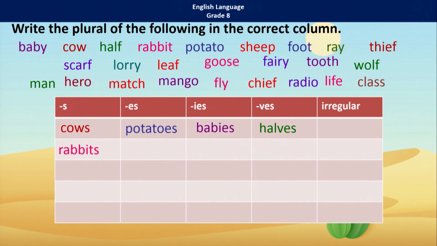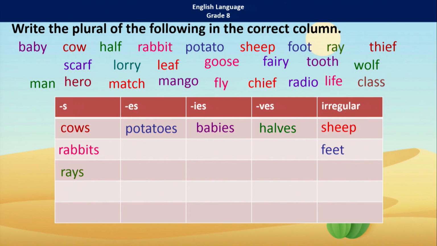Potato, last letter is O, so we are adding ES. Sheep, that is irregular. Of course, the same noun acts as the plural. Foot, irregular, so foot becomes feet. Ray, rays, the last letter is Y.